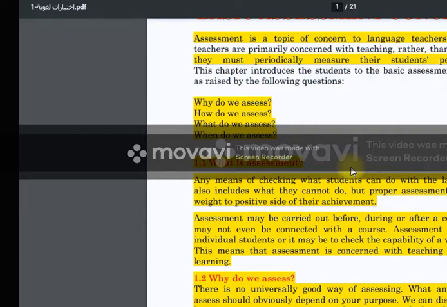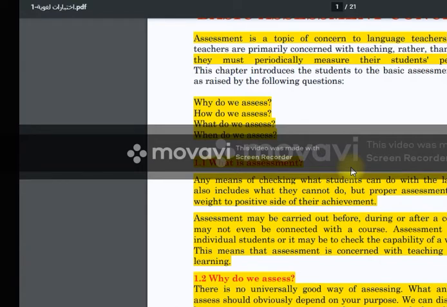Which deals with the manner of conducting assessment. What do we assess? It deals with the language aspects to be assessed by the English language teacher. And when do we assess? Which deals with the time of conducting, the probable time for doing assessment.